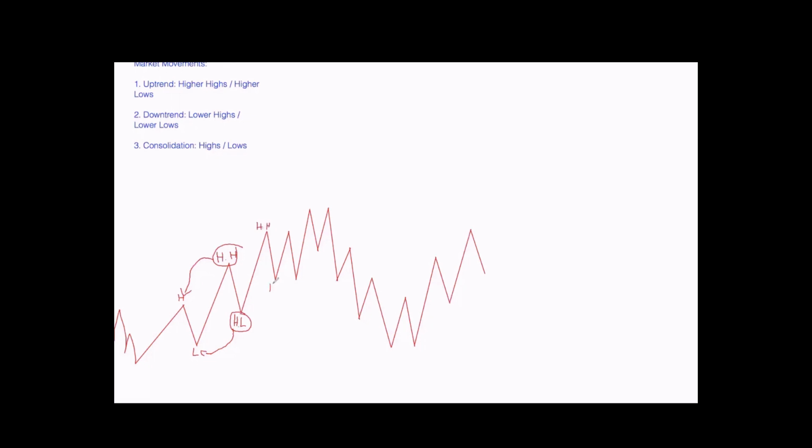This is a higher low. Why? Again, because this low is higher than our previous low, making it a higher low. And this high is higher than our previous high, making it a higher high. It's as simple as that.